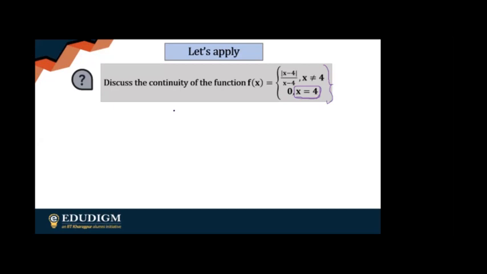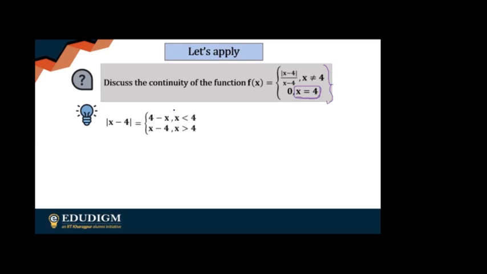Whenever you see a function changing its behavior around a certain point, obviously that's the point that you should examine for continuity. As you know, for mod x minus 4, this function will change its behavior around 4.